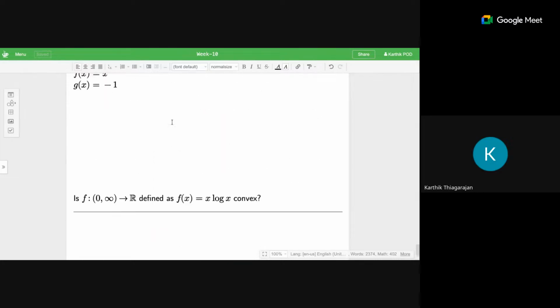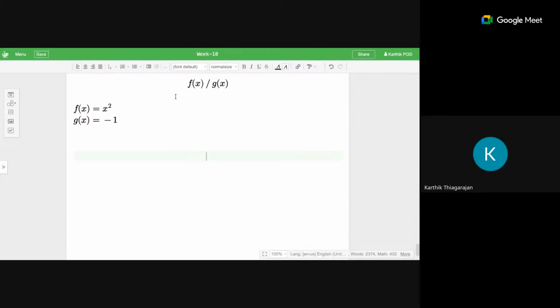So what about f of x minus g of x? You should be able to think of a lot of examples here.